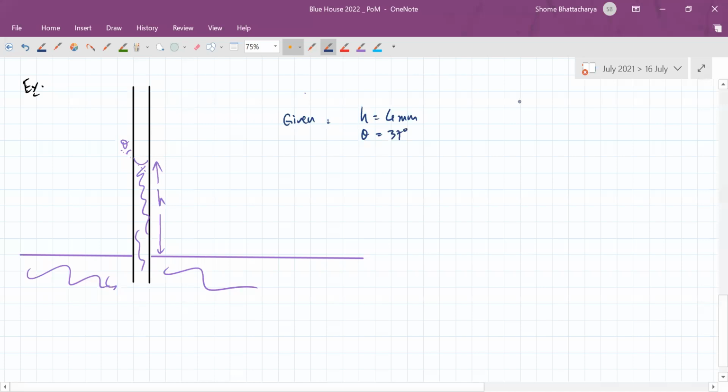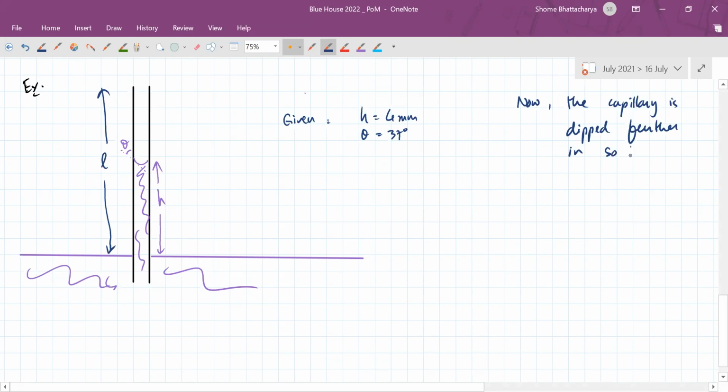Now what we do is, the capillary is dipped further in. So the length of this side which is outside the liquid, that length L prime, now becomes the original length minus some delta L, because you've dipped in by delta L. So that suppose becomes 3 millimeters.